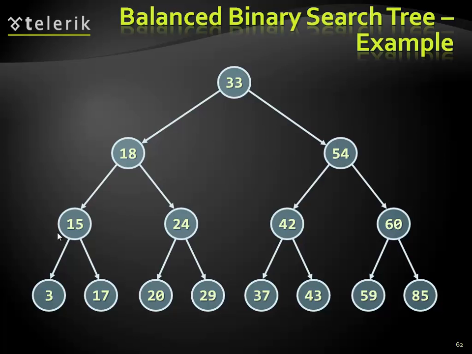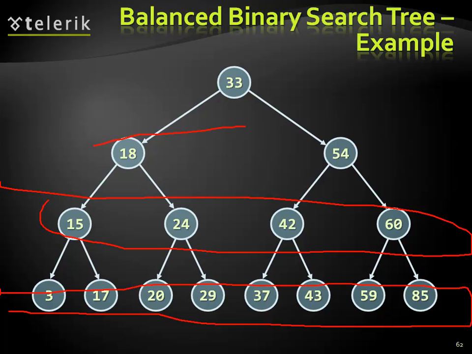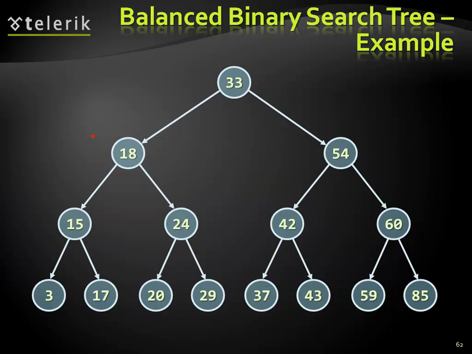So this is a binary balanced search tree. We have a lot of elements. I don't know how many there are. Actually, I'll calculate how many they are. All the levels are full. This is a full level, this is a full level, and this is a full level. And of course, this is a full level. So this is height 4. So 2 to the power of 4 is 16.